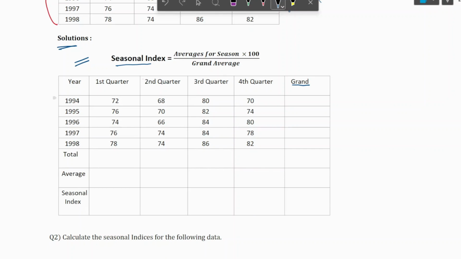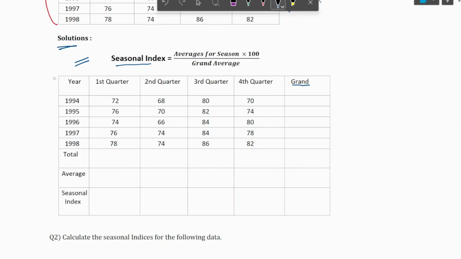That means I have added one extra column with the question and also 3 rows below. Therefore, this is the format for completing your question, that is for calculating the seasonal index.